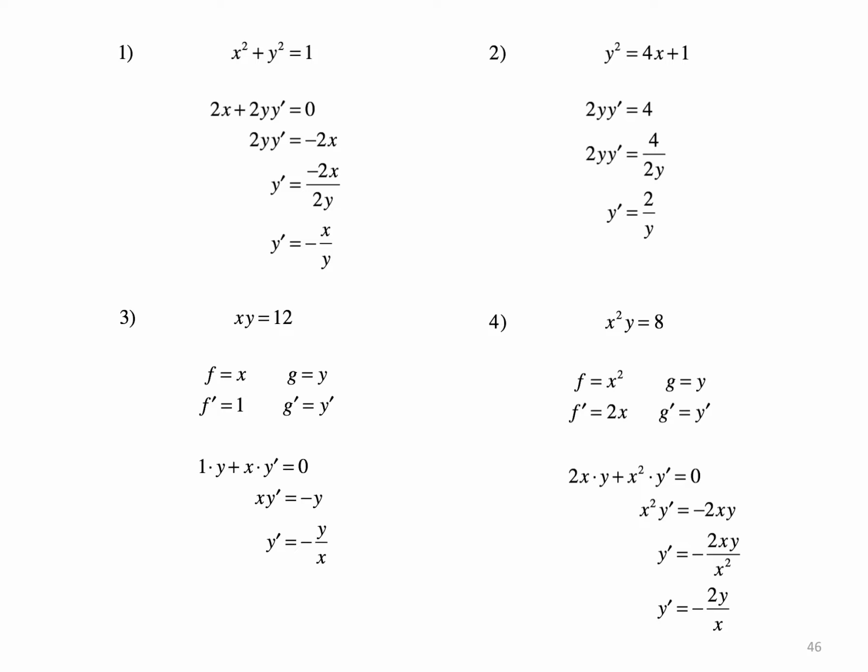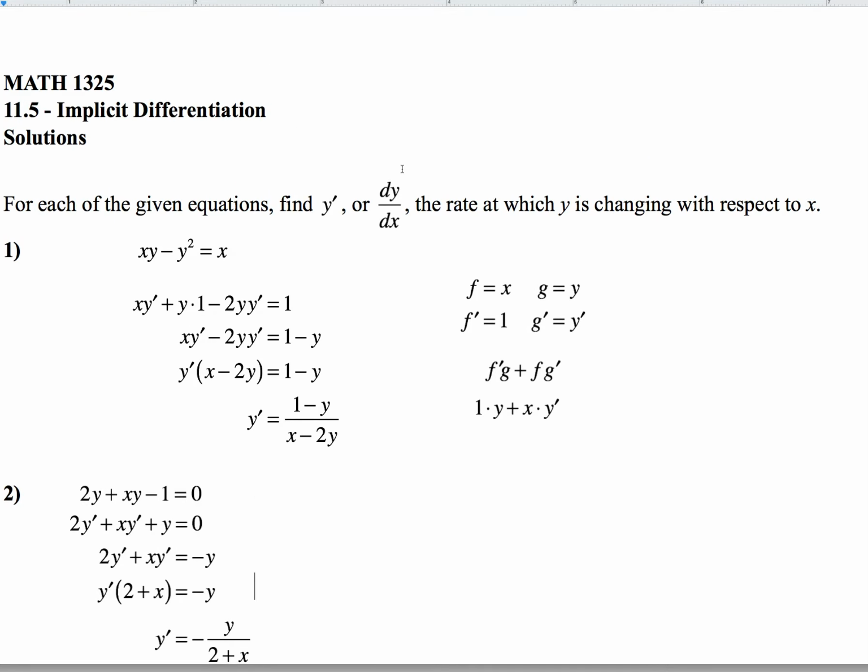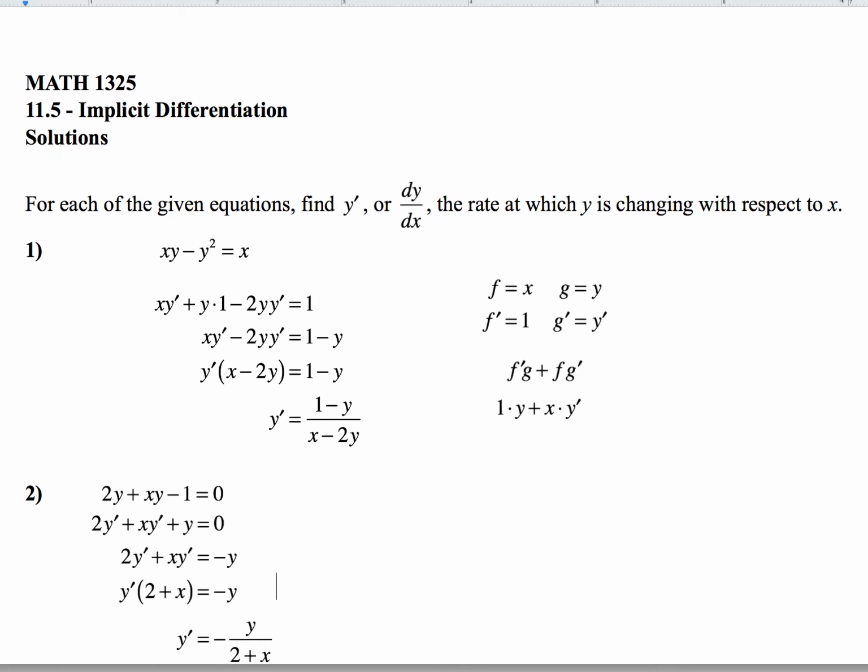Now, finally, I handed out these exercises in class. And the reason I want to take a look at these solutions is because you may or may not remember, but in the book, the product rule is stated with these multiplications in a different order.